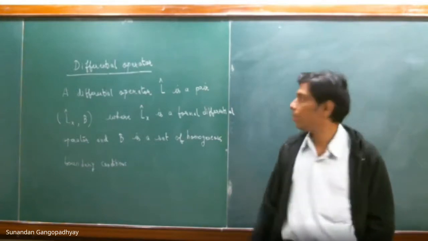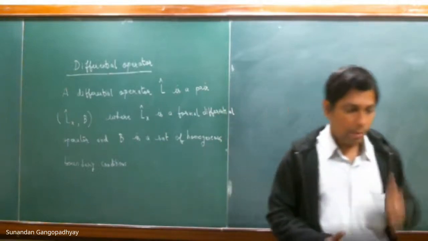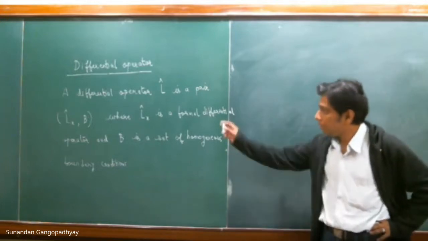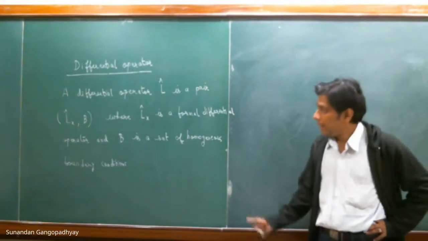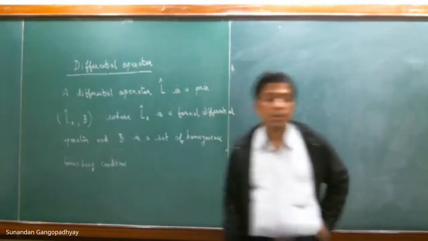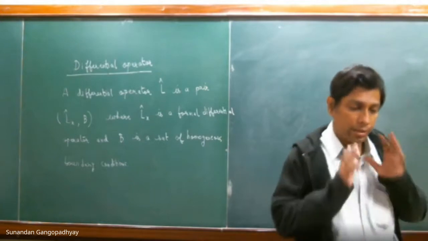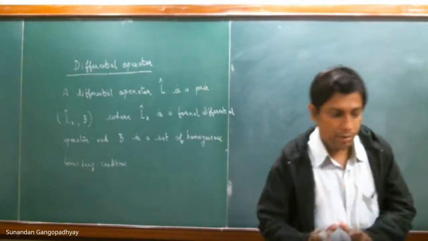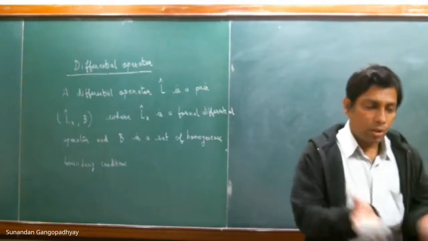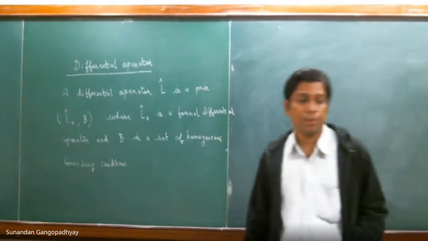It is some kind of derivative operator, a formal differential operator, and it also has a component called B, a set of boundary conditions. So together, the differential operator which acts on functions, along with the set of homogeneous boundary conditions, comprise what is known as a differential operator. So boundary conditions are also very important.